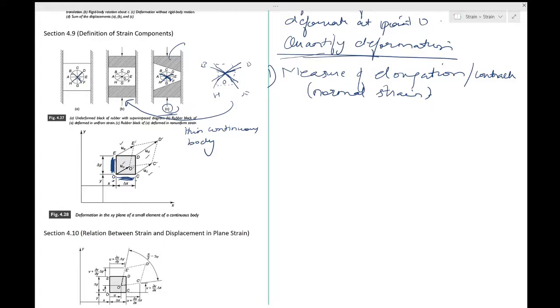So let's start with the normal strain one, measure of the elongation of the line. This is defined as the fractional change in the original length of a line, and is designated by the symbol epsilon with a subscript to indicate the original direction of the line.